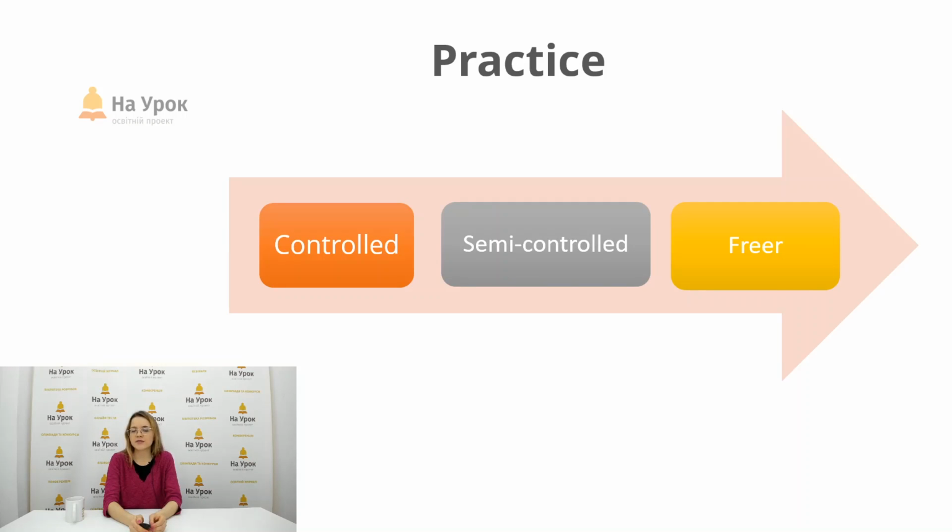We correct every error that our learners make, because controlled practice is the focus on accuracy rather than on fluency. And when we move on from one type of practice to the second one and then to the third, the level of control decreases, and the variety, on the other hand, increases for our students.